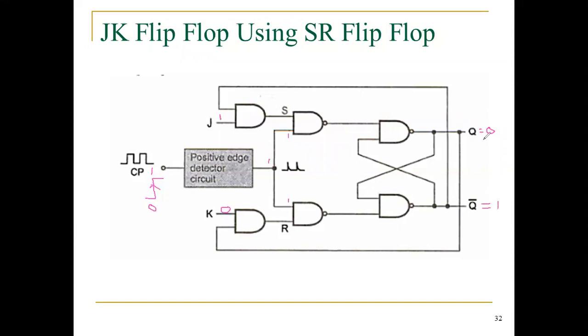That means Q previous, Q old, whatever it may be. Since it is 0, it has to be connected here. So 0. Then this 1 comes to here. And then this 0 comes to here. Then this 1 goes to here.